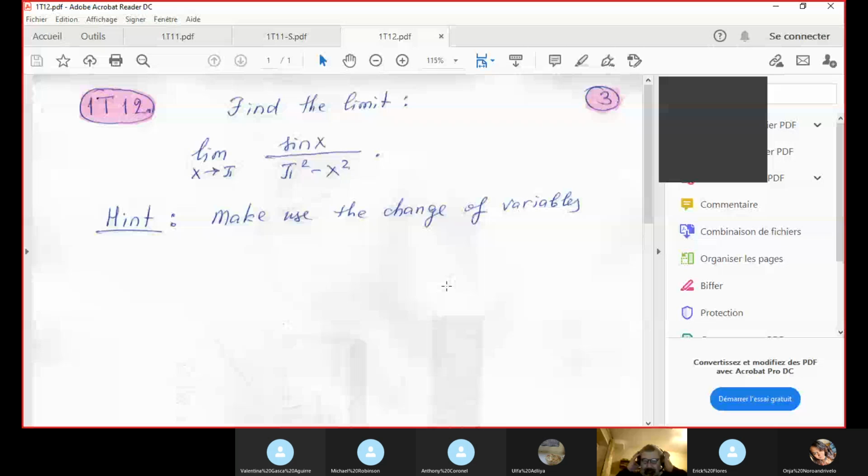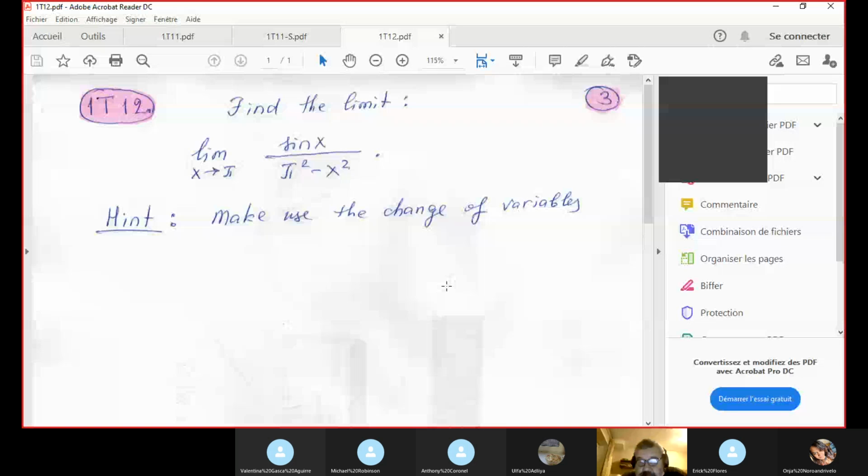Okay. So, as for this exercise, we will show you the solution and the third exercise. So the solution.